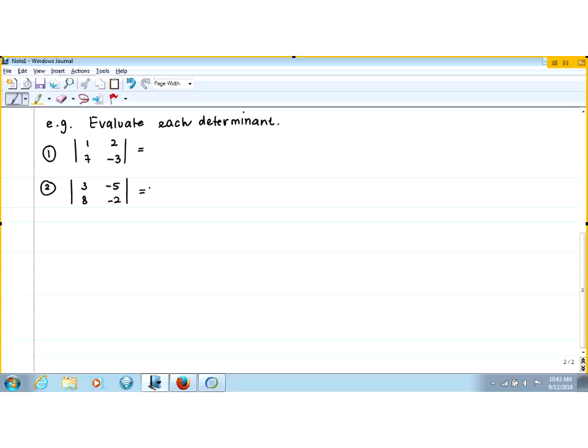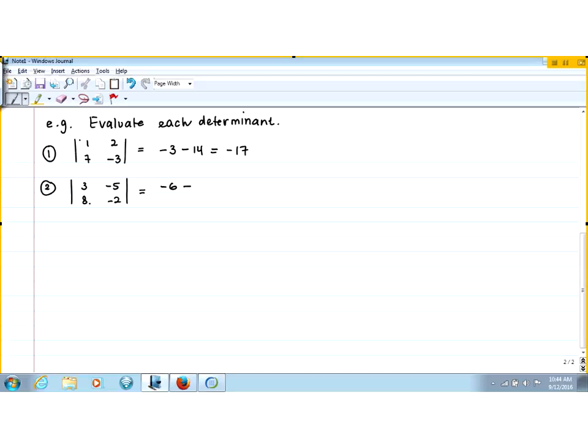Alright, so what is this? AD minus BC. So what is AD here? 1 times negative 3. What is 1 times negative 3? Negative 3 minus BC. What is BC? 14. Yes, so this is negative 17. So it's a number. Determinant is a number. How about the next one?